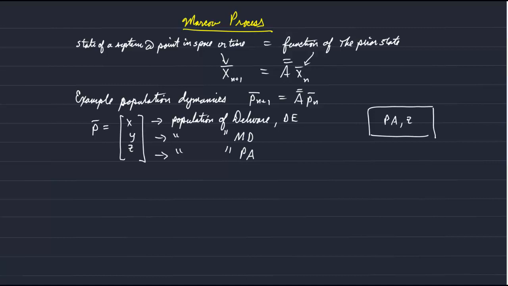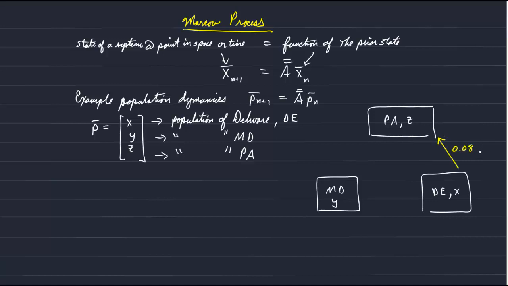So this again is Z. And we have the population of Maryland, which is Y, and the population of Delaware, which is X. And the story goes that each year, 8% of the population of Delaware move to Pennsylvania. And I'm going to write a subscript N to describe the previous state for each of these.